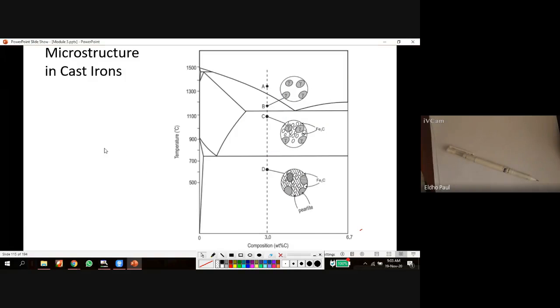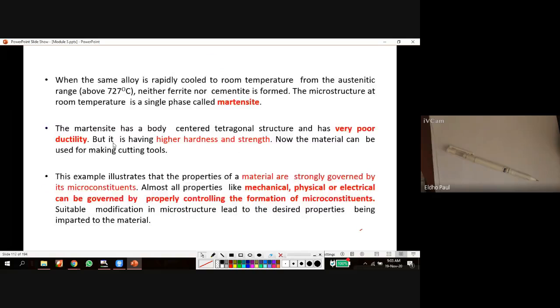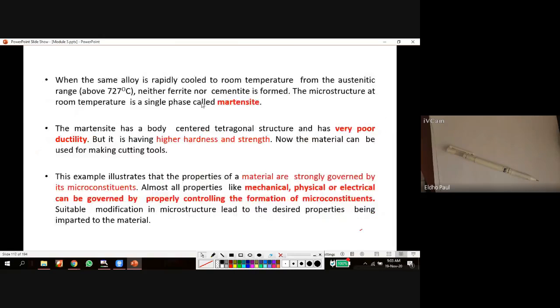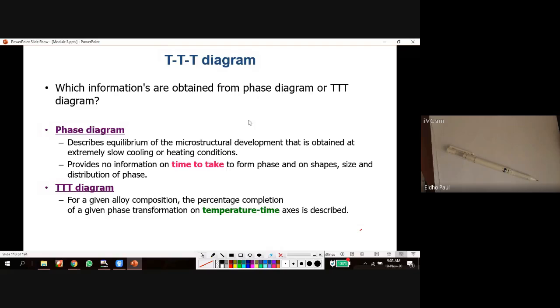Next one is a very important topic. I am not explaining the microstructure property relationship here; I will explain that in the next section. Okay, the TTT diagram. So far we discussed phase diagrams. So what are the main important characteristics of a phase diagram?